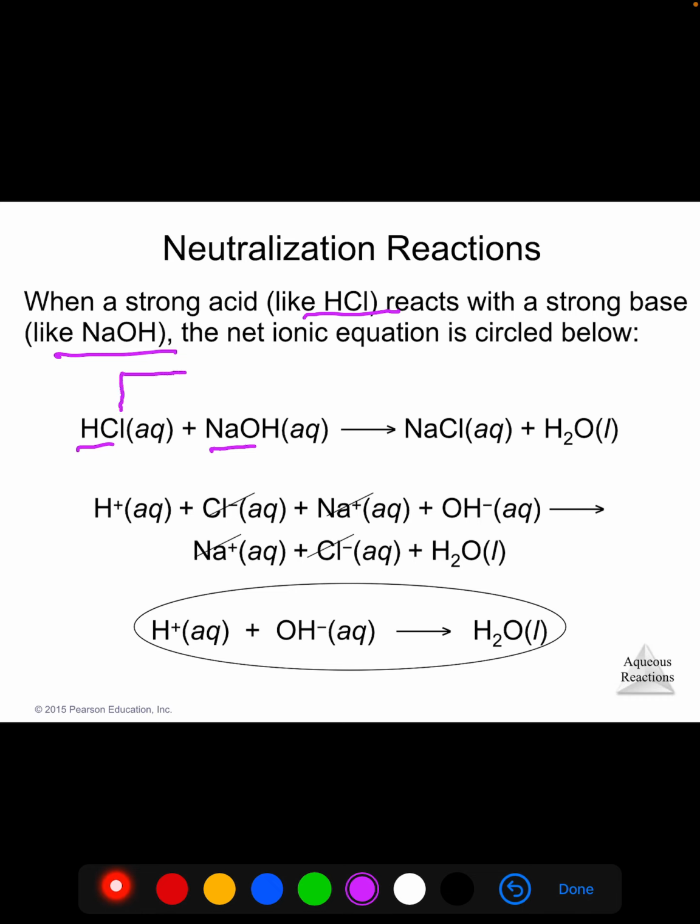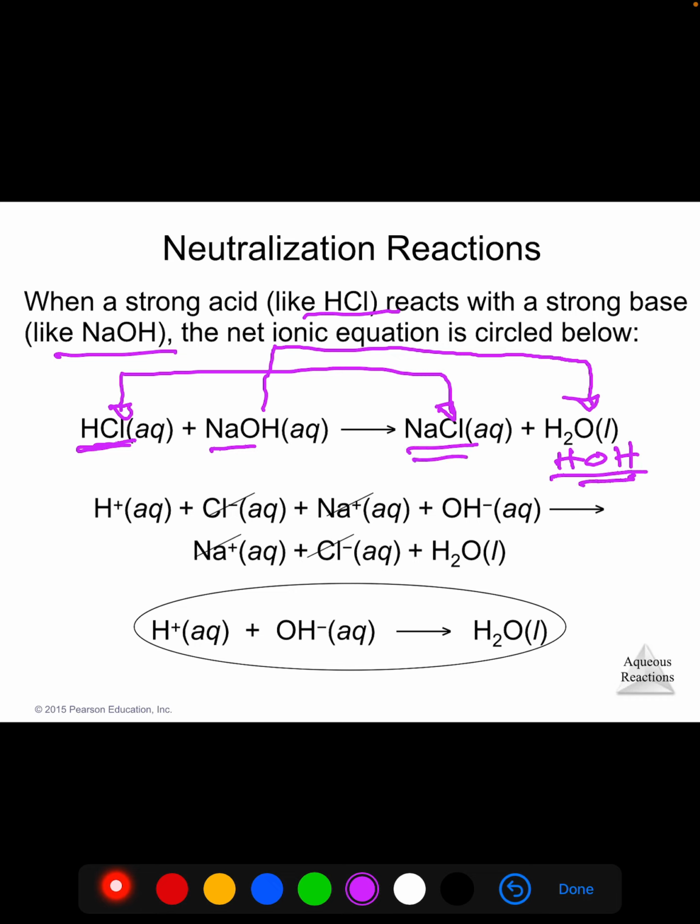I'm going to have my chloride move from the hydrogen to pair with the sodium, and I'm going to have my hydroxide move from my sodium to pair with my hydrogen in the hydrogen chloride or hydrochloric acid. So now, and that's why I would have written this HOH. We no longer have an acid, we have water, and we have a salt, in this case sodium chloride.